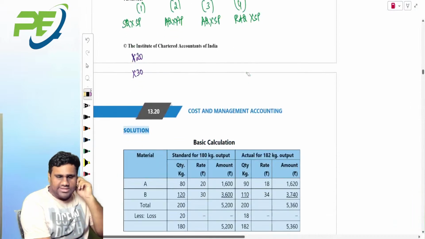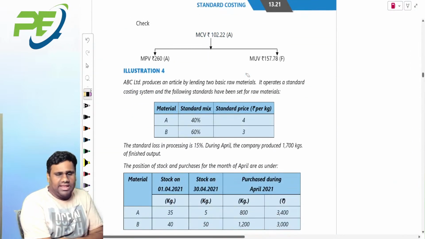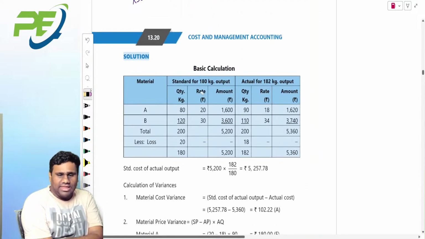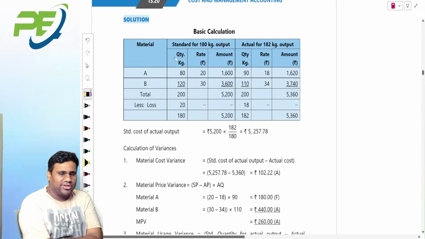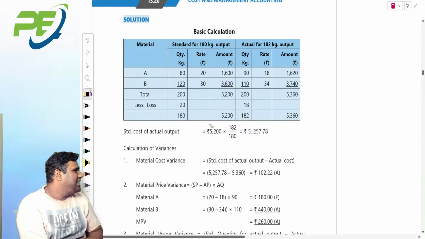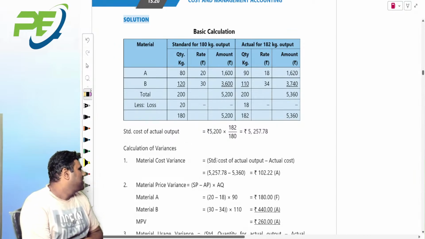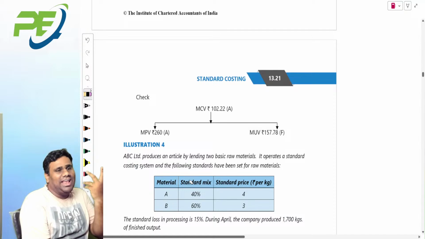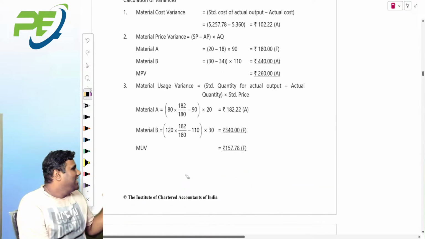Last illustration under material variances. Now you see the textbook answer. This is the working note. Do you think you will ever understand this? No. Cost, price, usage, mix and yield are not even calculated.